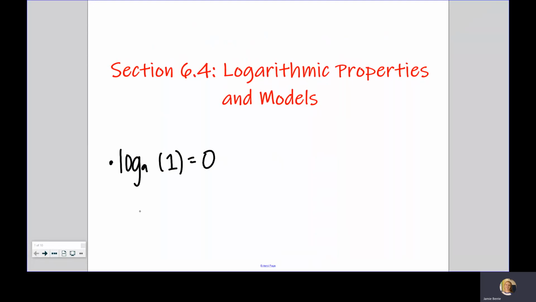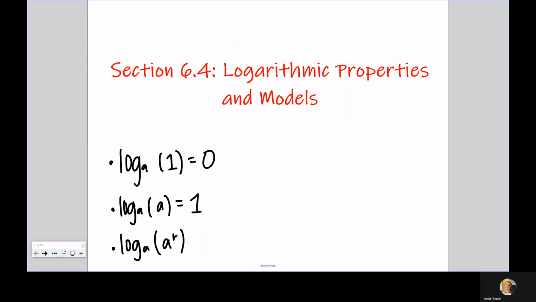So regardless of what the base is, log of 1 is always 0. We also learned that log base A of A is equal to 1. So again, if the base matches the argument, they cancel out. You just have 1.